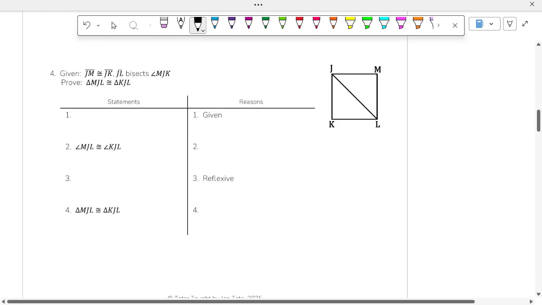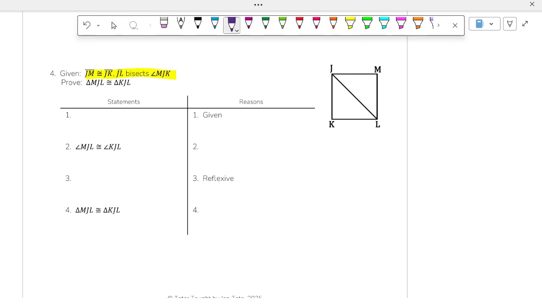Right. So you just have given. So it says JM is congruent to JK. It also says that JL bisects angle MJK.